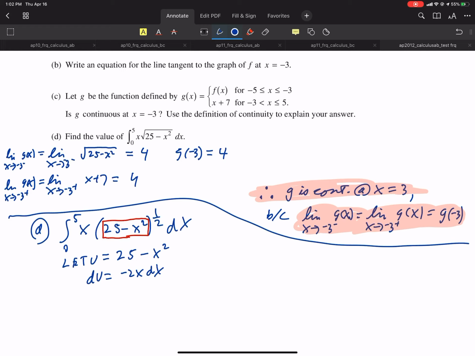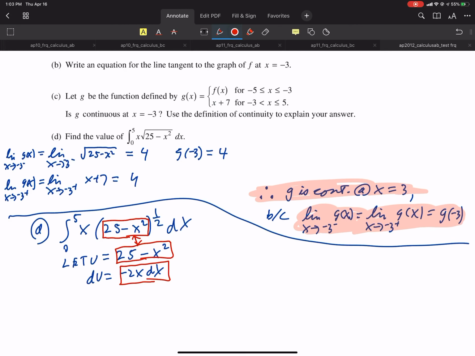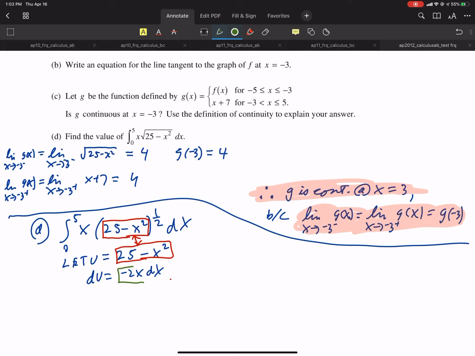So here's the thing. We want to get this. Now this here is already there. I should use a different color for that then. Let me get rid of that box. Let's make it a pretty green.